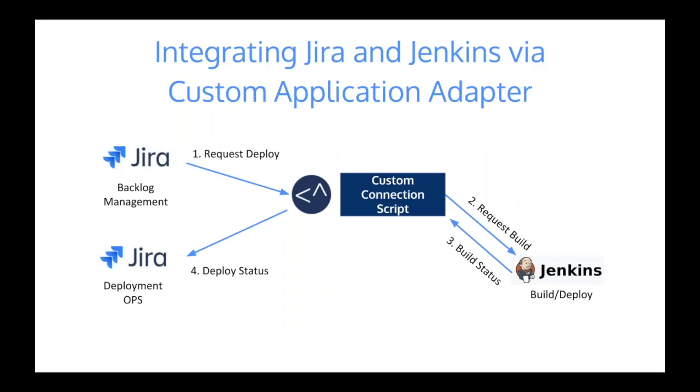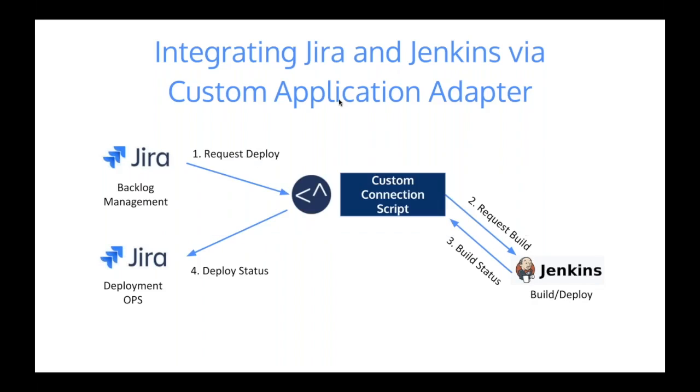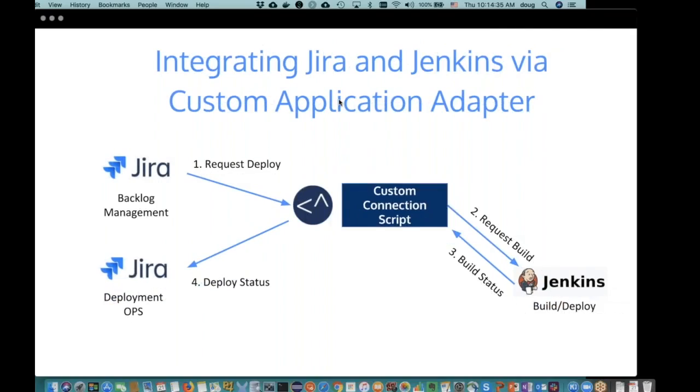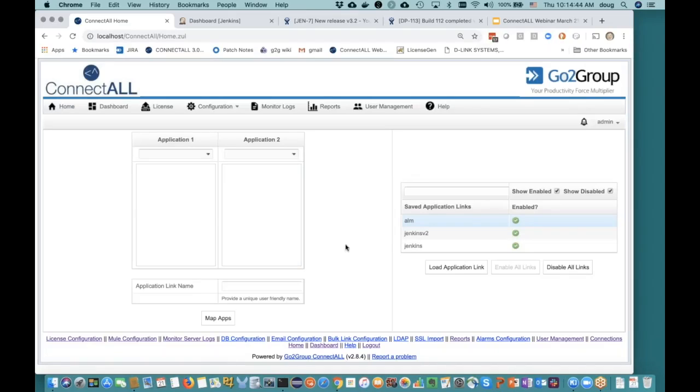So let me show you what ConnectALL looks like. When you first install ConnectALL, you'll have your user interface where you can create what we call multiple application links, which are just mappings between applications.